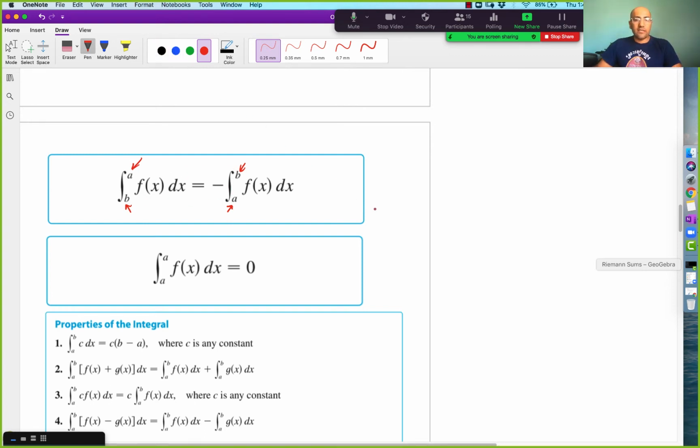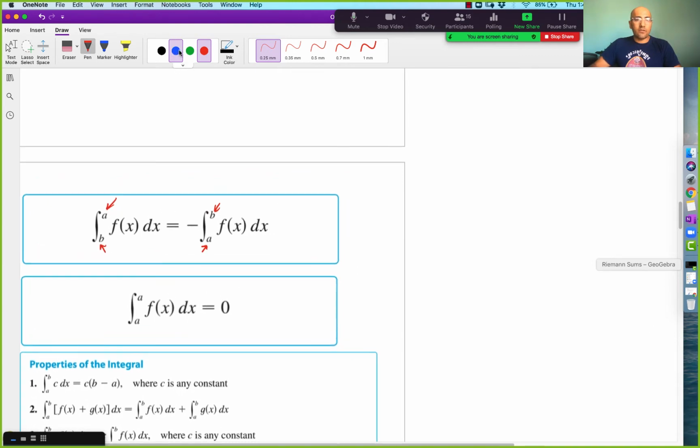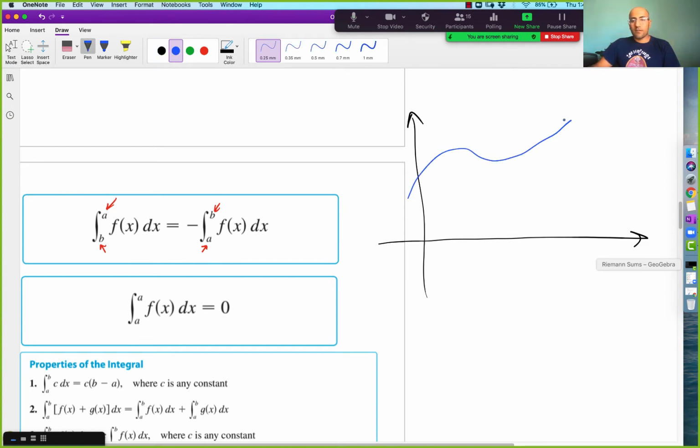Again, just to give you an image to hang on to, if we have some simple function, say we have that, and it goes from a to b in this order, then the area underneath the curve is this.